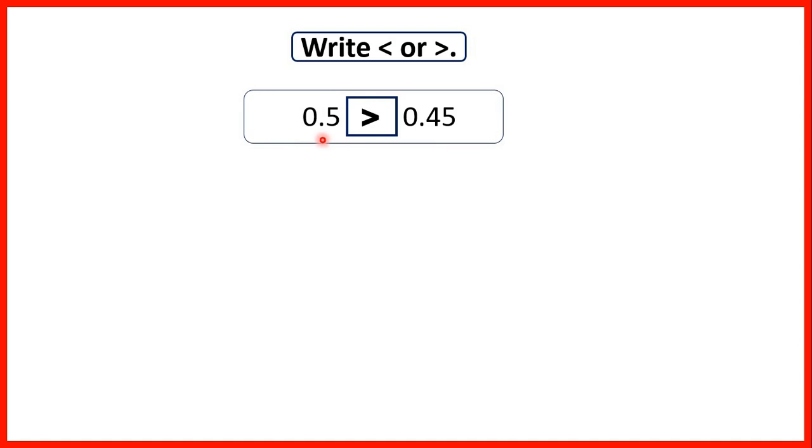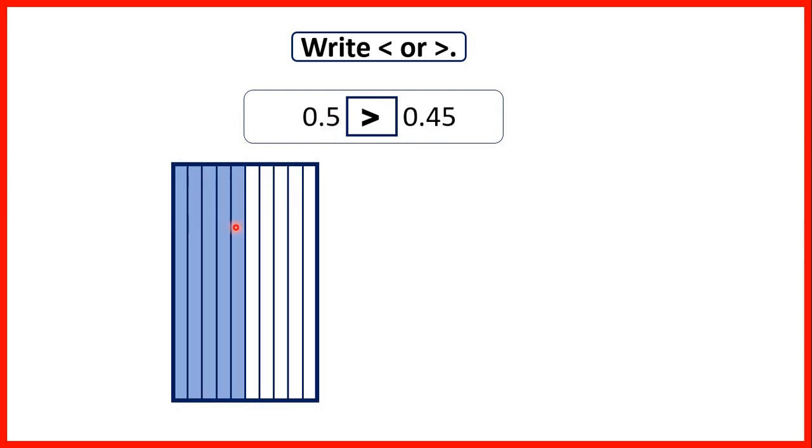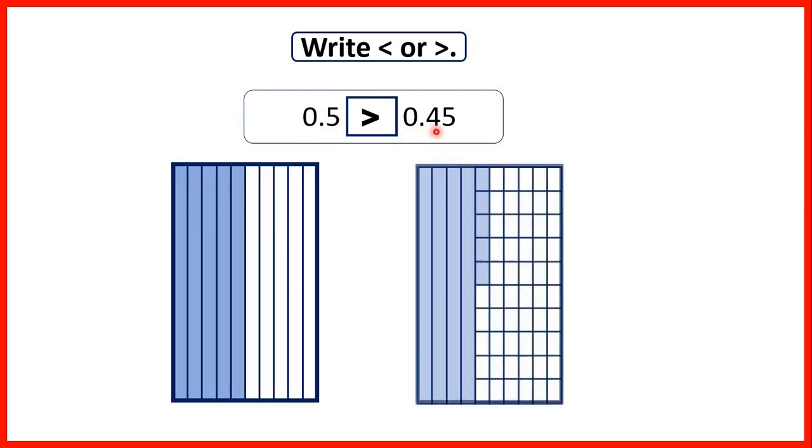Next we had 0.5 and 0.45. So with 0.5 we have 5/10, but with 0.45 we only have 4/10, and although we have 5/100ths, because hundredths are so much smaller than tenths, 0.5 is our larger decimal.